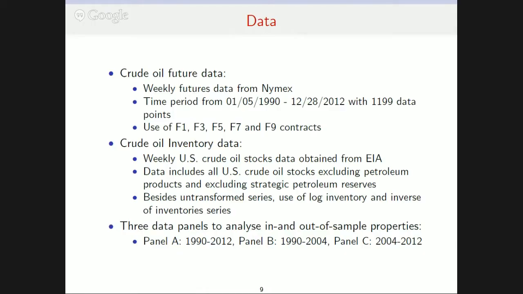And then I think the more interesting question for you is what kind of inventory level data we used. We used US weekly crude oil inventory data, which are publicly available from the website of the Energy Information Agency in the US. We use all the US crude oil stocks data, excluding the strategic reserves, because we say the strategic reserves might not be so relevant.